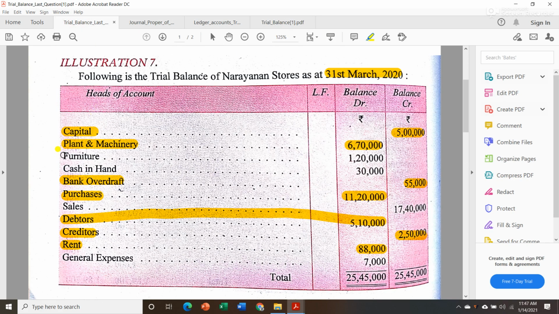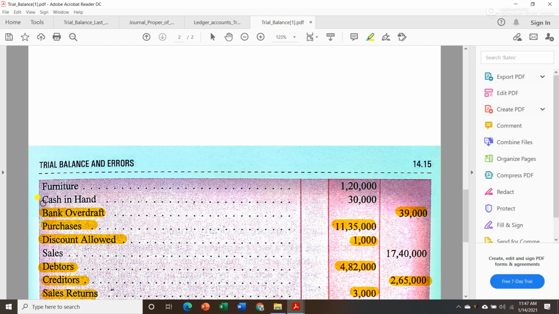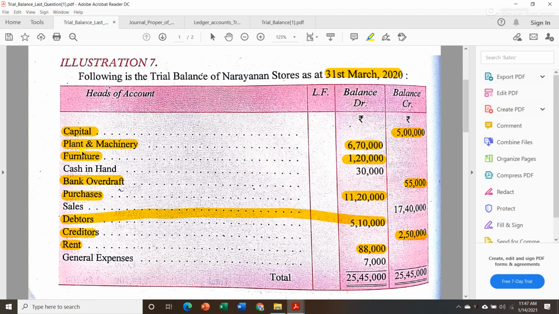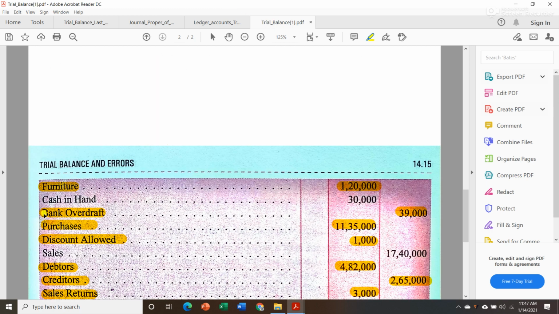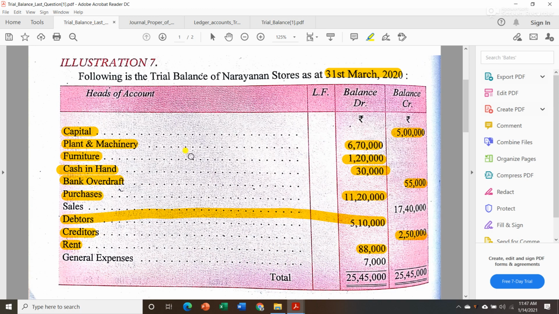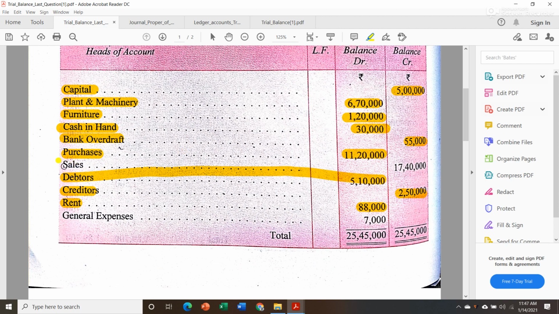Then the next account we have is furniture, showing a debit balance of 1,20,000. Then we have cash in hand showing a debit balance of 30,000. Then next we have the sales account showing a credit balance of 17,40,000.